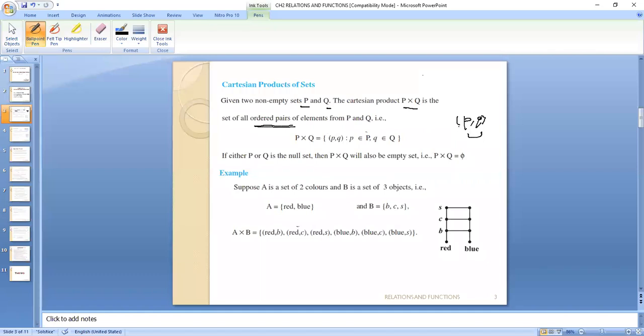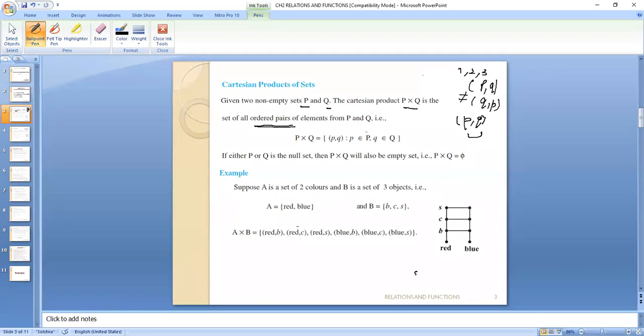And what is meant by ordered pair? Order we know, like when I am writing 1 2 3, the numbers are in order. Which order? Increasing order, right? Same way, if I'm writing PQ, it is an order. And if I'm writing PQ and if I'm writing QP, both are not equal. The ordering matters.